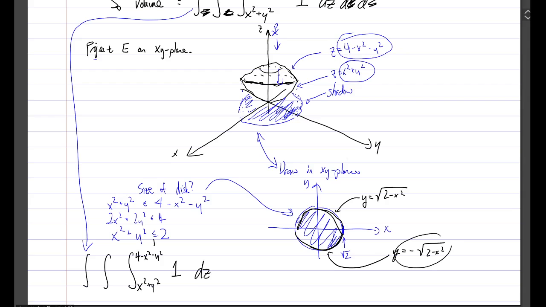Now, because we've solved for the upper and lower y values in terms of x, let's do dy then dx on the outside. The y value goes from negative root 2 minus x squared to positive root 2 minus x squared. And the x values, when you project, you just get this right here, from negative root 2 to positive root 2.